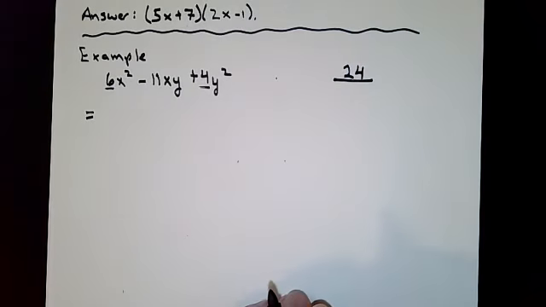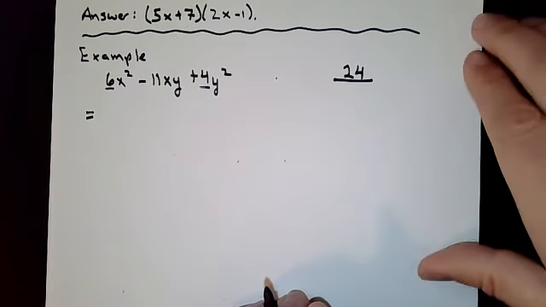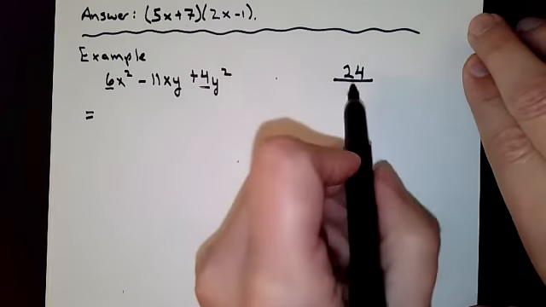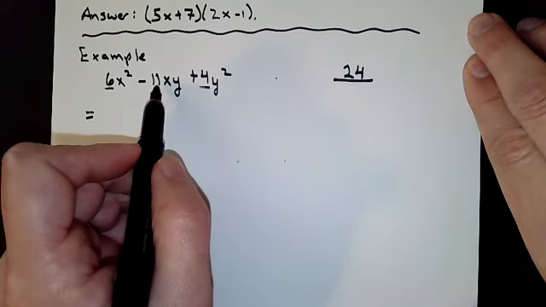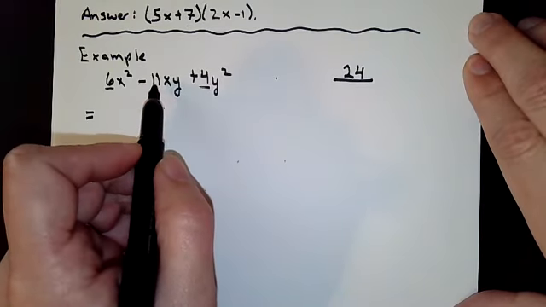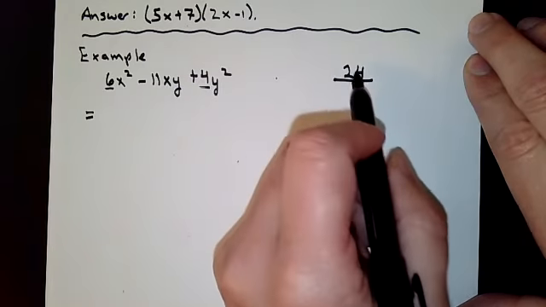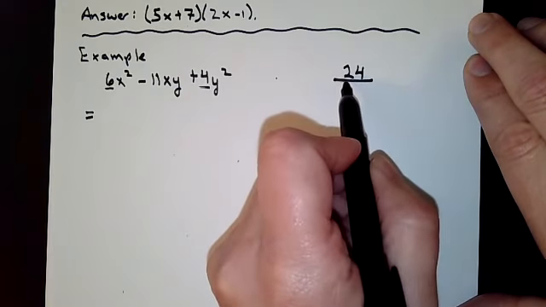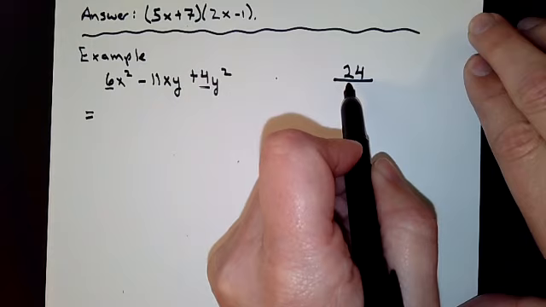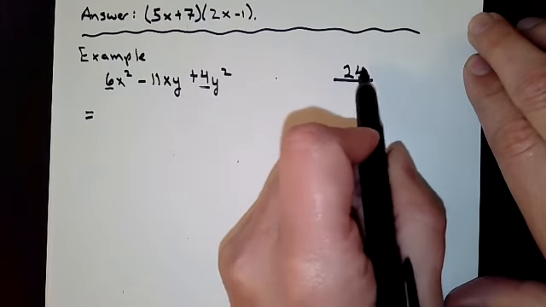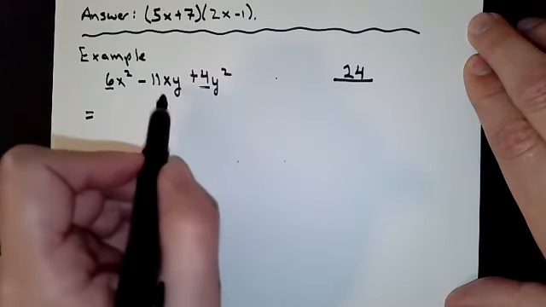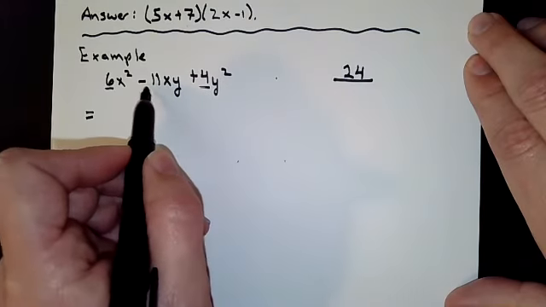We're going to look for 2 numbers that multiply together to give us 24, but when we add them, we get a negative 11. How's that going to work? Well, since when we multiply and get a positive 24, that means we're either multiplying 2 positive numbers or 2 negative numbers. So in this case, we want to look at negative numbers because when we add them together, we want to get a negative 11.